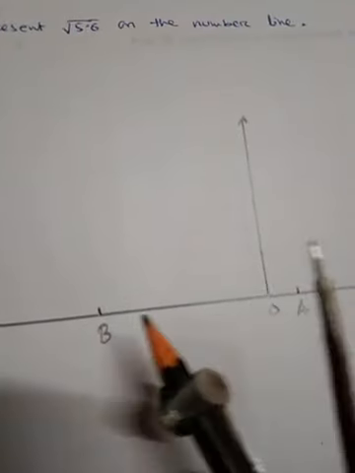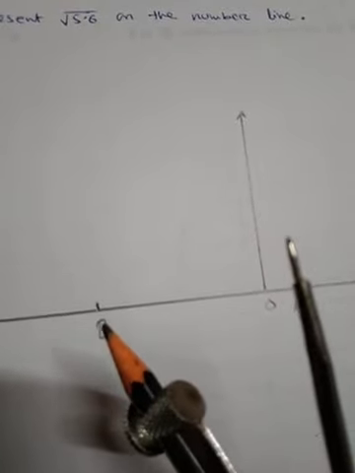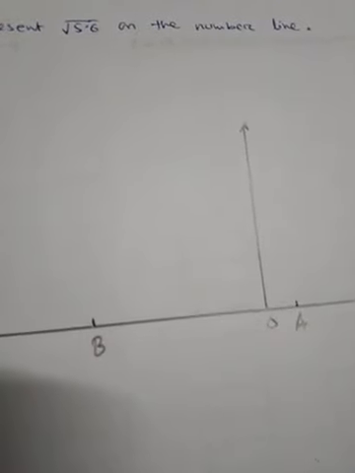Here it is 5.6, so from O we'll measure 5.6. If it is 9.1, from here we will measure 9.1. If it is 8.6, from here we will measure 8.6 and mark B accordingly. After this the steps are the same for all types of this question.